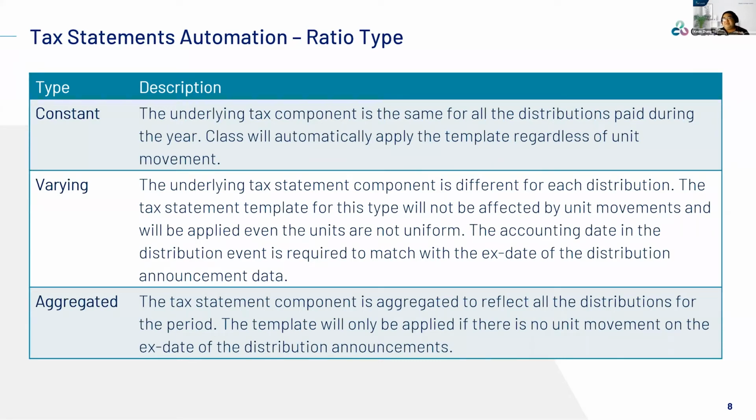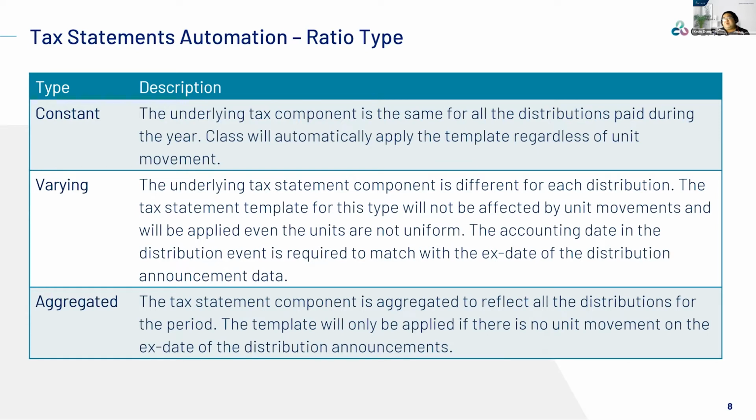Usually you expect this type of ratio with cash management trusts or fixed interest securities. If they pay 2 distributions during the year, each distribution will inherit the same components. Therefore, with a constant type of ratio, if you have unit movements, it does not impact the tax statement output.